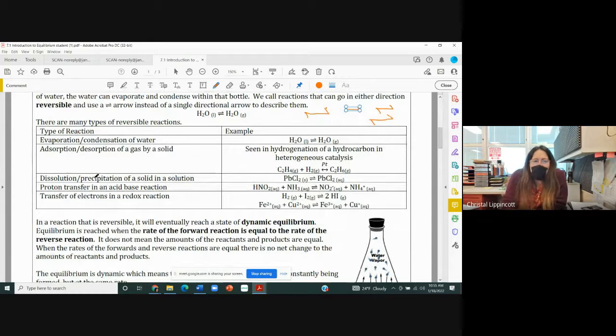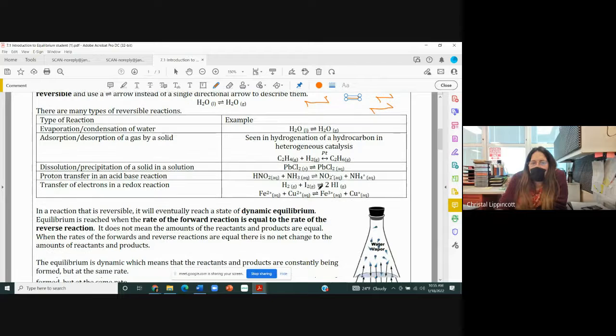So dissolution and precipitation of a solid in a solution would be like this, where it's getting mixed in the solution and then it's precipitating out. Proton transfer in an acid-base reaction, or electron transfer in a redox reaction.